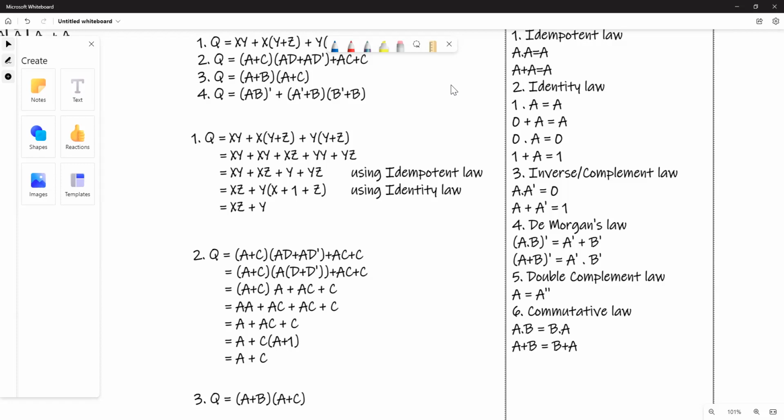So this one, you can do it actually in one line if you remember what we did. Remember the last law that we have done?